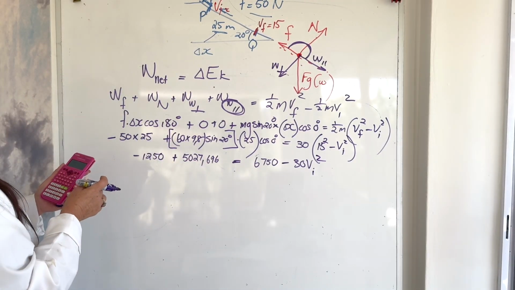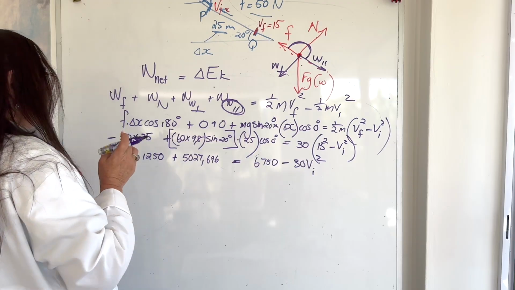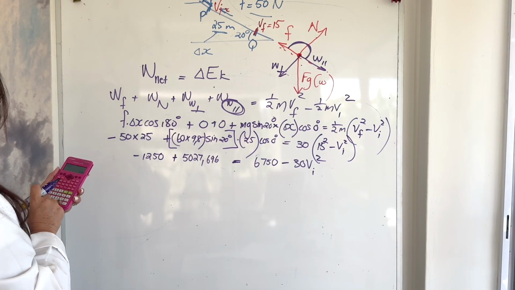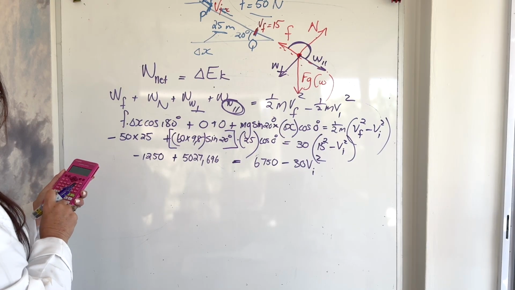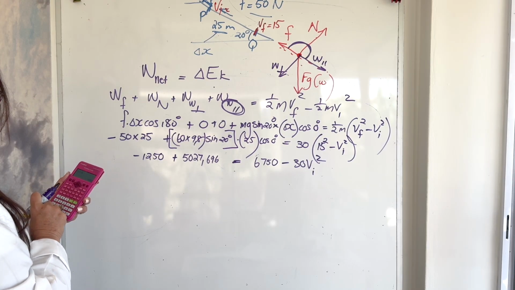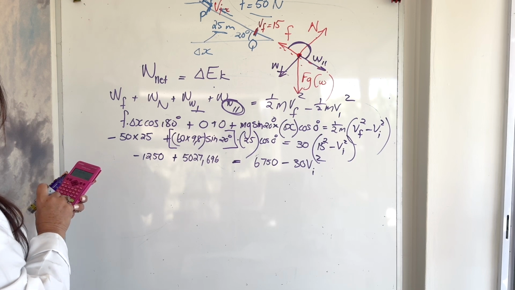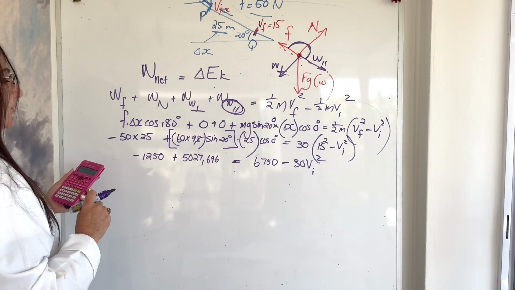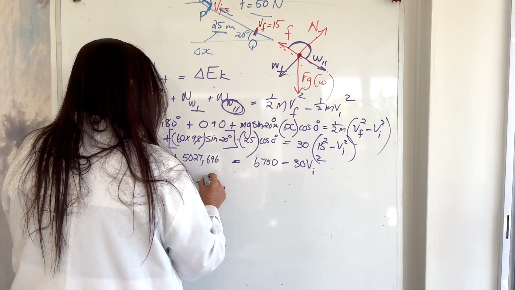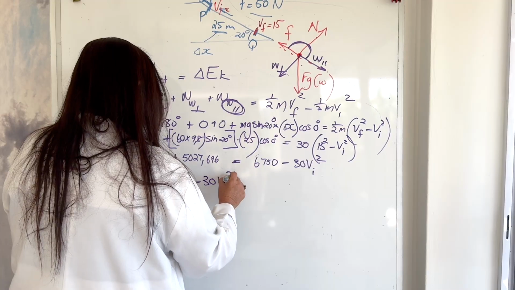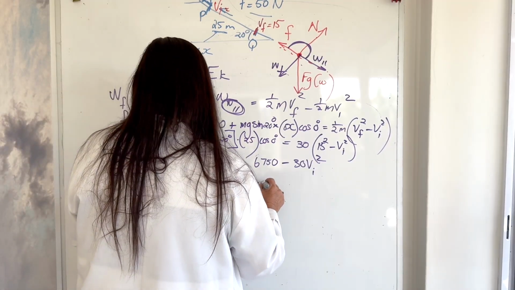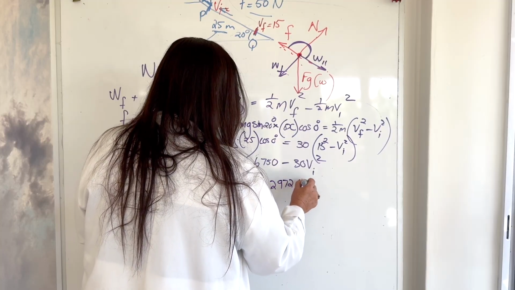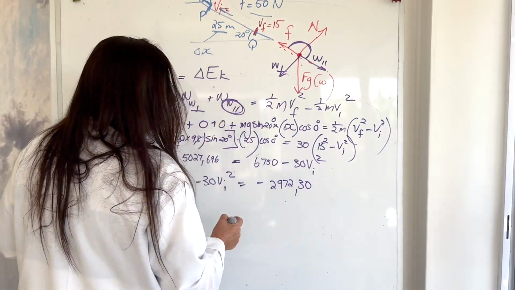Alright, and let's determine this quickly so I can bring that over. That becomes then a minus. So I've got that plus 1250 equals minus 5027,696 equals this. So I've got a minus 30 the initial square equals a minus 2972,30 on that side.